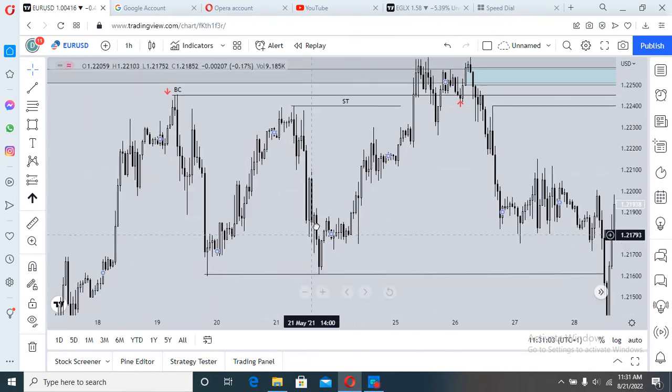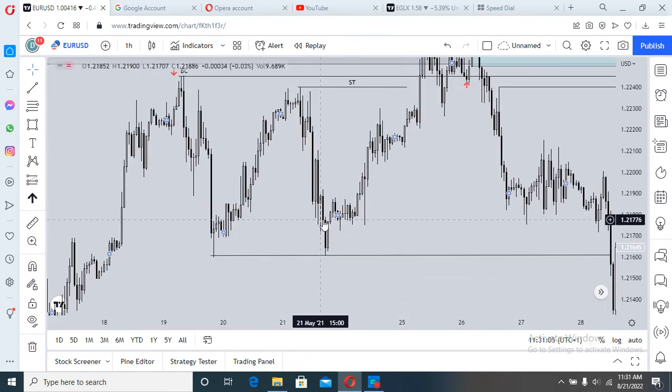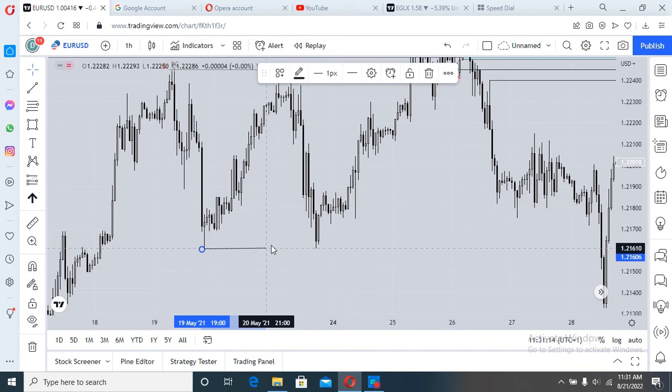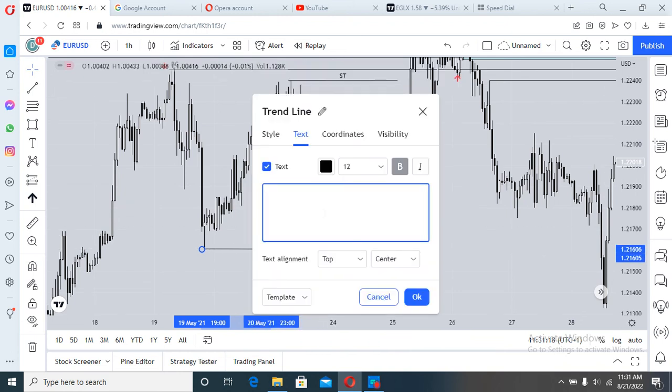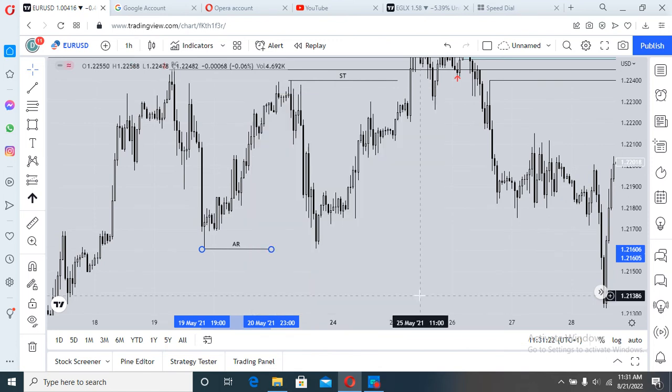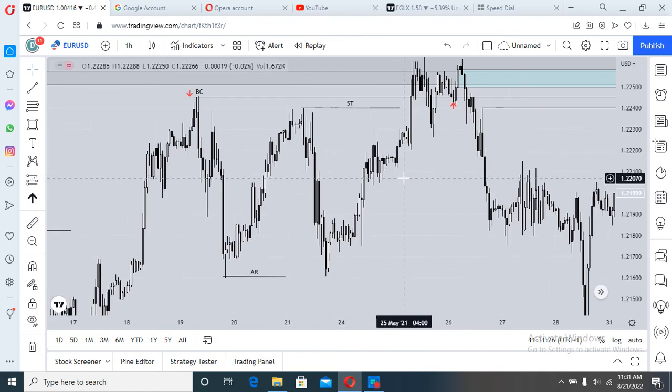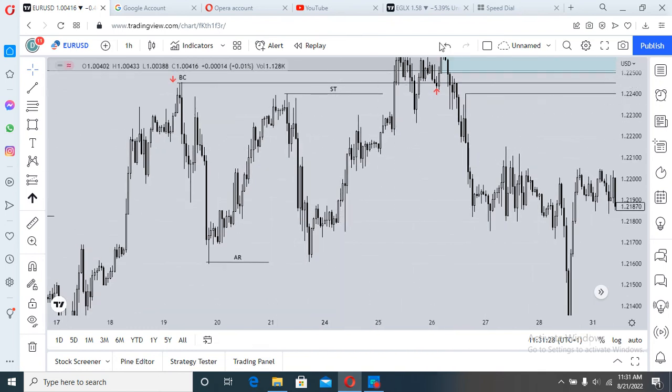We have our AR right here, right? You just use this here. We have AR, right? We have automatic rally to the downside. We have AR, we have ST secondary test, and we have little minor sign of weakness.